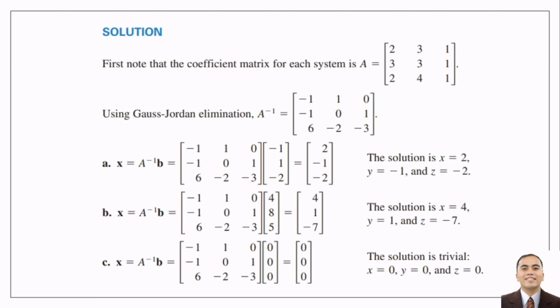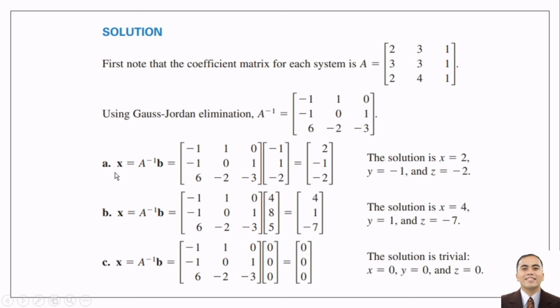Here are the solutions for A, B, and C. First, note that the coefficient matrix for each system is 2, 3, 1, 3, 3, 1, 2, 4, 1. Using Gauss-Jordan elimination, we obtain the inverse of A, which is -1, 1, 0, -1, 0, 1, 6, -2, and -3.